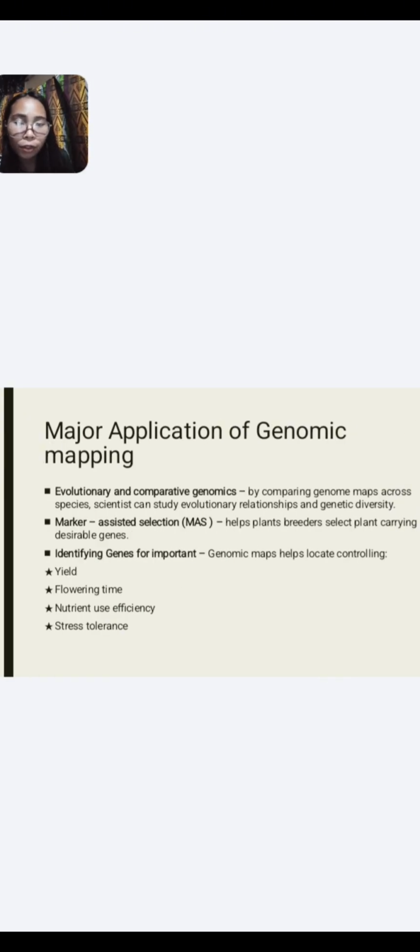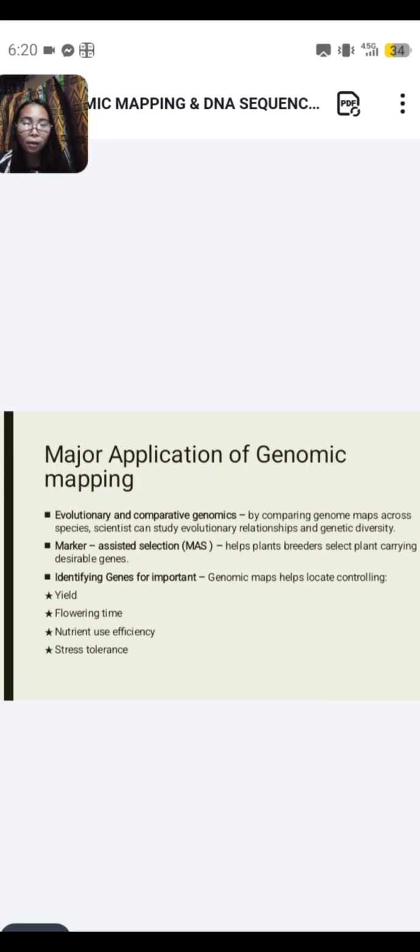Next is evolutionary and comparative genomics. By comparing genome maps across the species, scientists can study how evolutionary relationships and genetic diversity work.